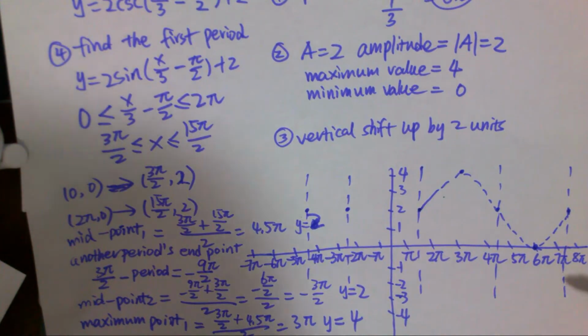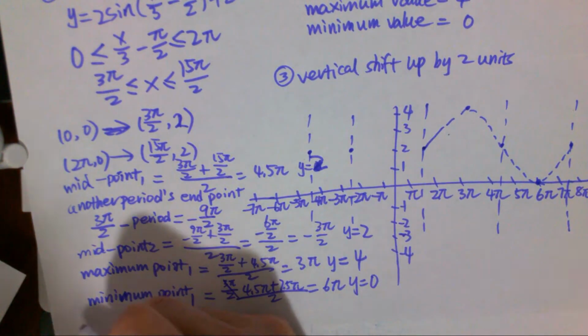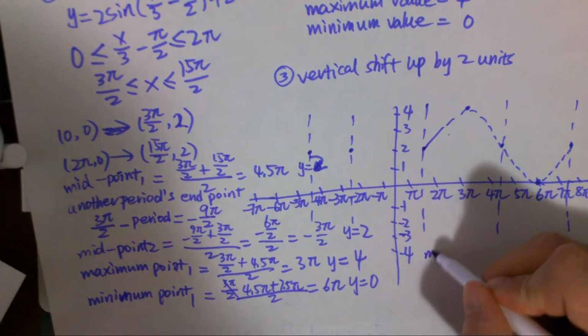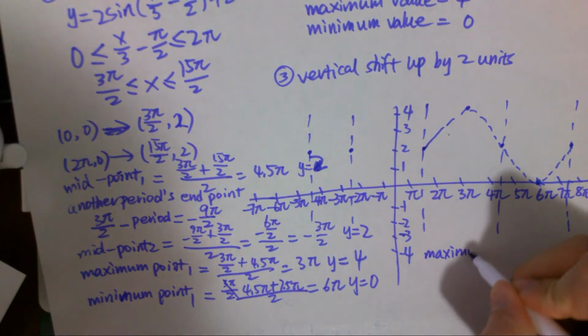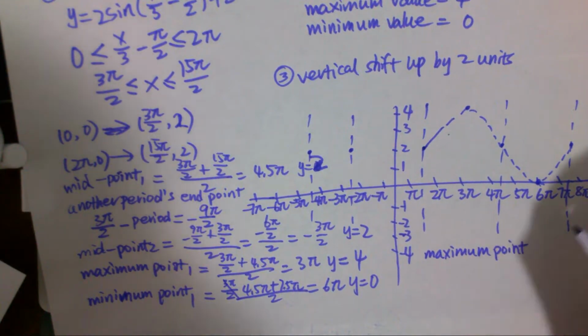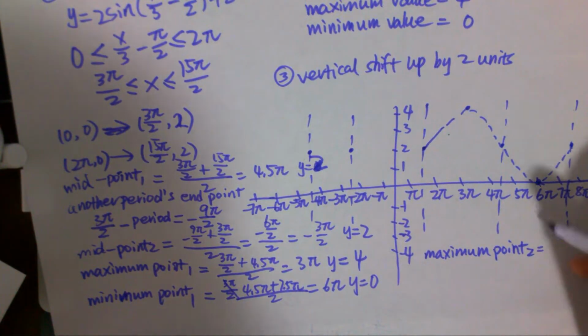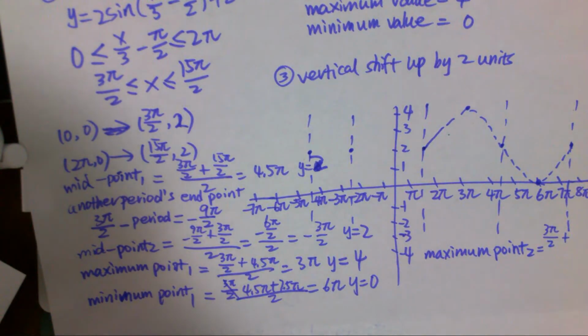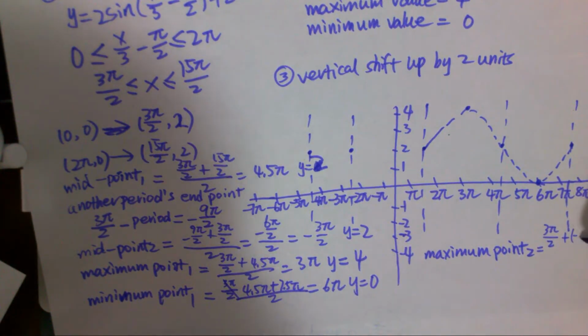Okay, I push the paper up. Now let's calculate another endpoint. I already did that for the second endpoint, but now we'll do another maximum point. Actually, it's a minimum, because it goes minimum, maximum, minimum. I wrote a maximum, and I'm going to change it to minimum in a second. I calculated that value, which is negative 3 pi.